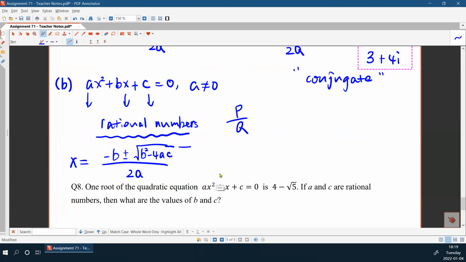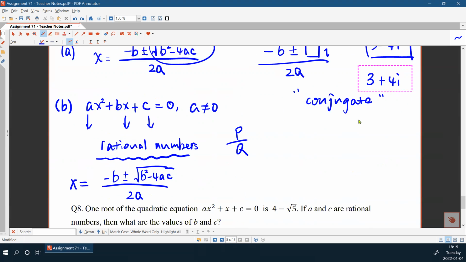All right, so basically, if you have one root like 2 plus square root of 3, can you guess what the other root is? According to this form, you will have something under a square root. If one root is 2 plus square root of 3, the other root must be 2 minus square root of 3, right?